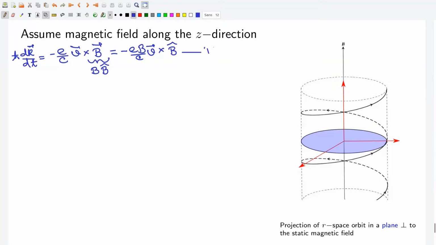Let me call this equation 1. Velocity v is equal to dr/dt. Let me call this equation 2.